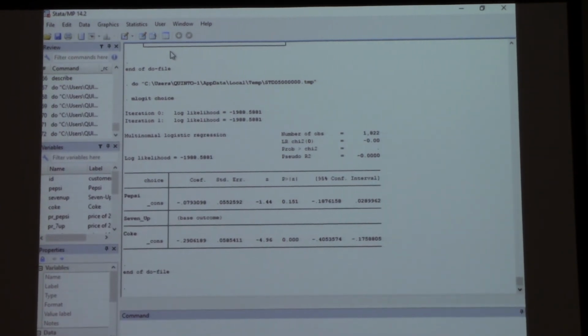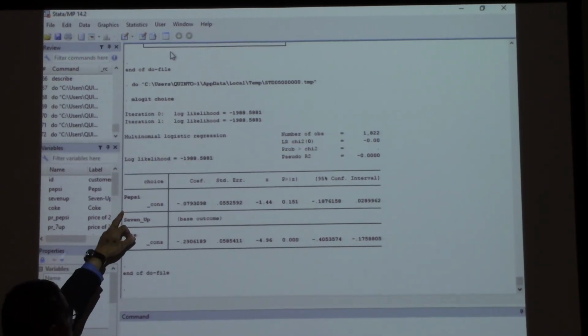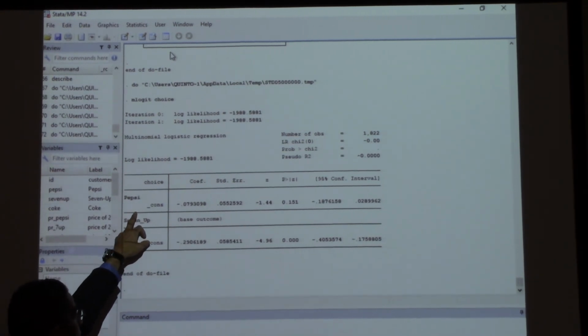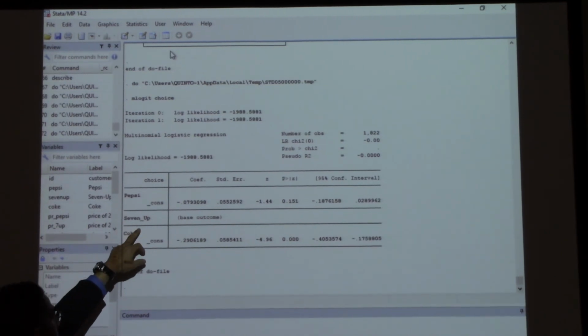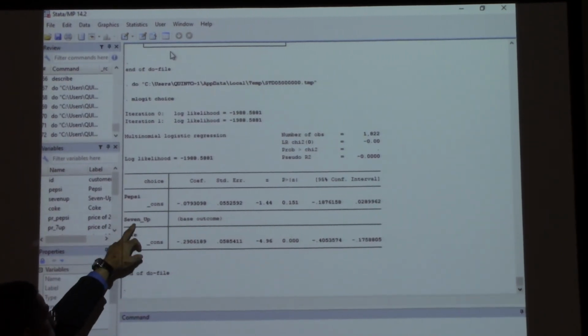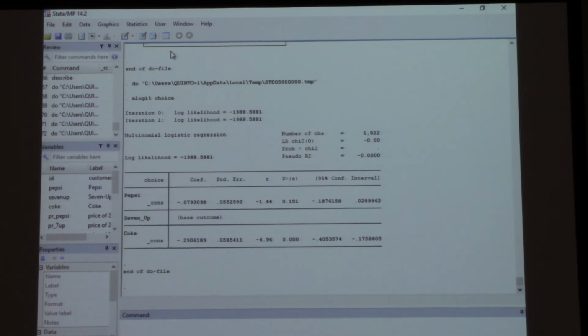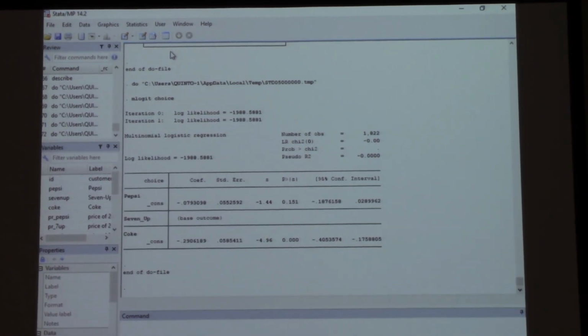But we do know this: multinomial logit uses the base category with the most observations. So this tells us that Pepsi is less likely than the base. It's negative, though not very significant. Pepsi is less likely than the base, 7-Up, and Coke is less likely than the base, which is 7-Up, but that difference is statistically significant. Remember, Pepsi and 7-Up were pretty close in the 30 percentages.